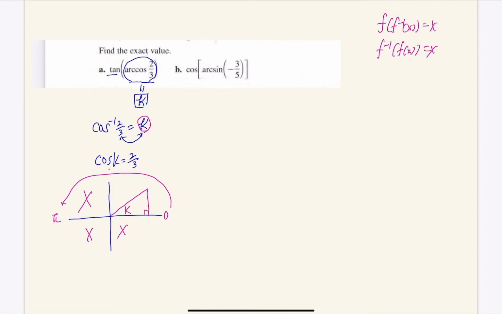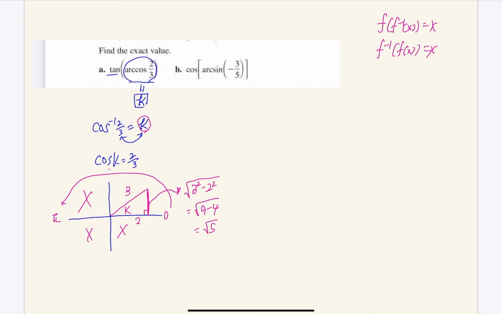Cosine is 2/3, adjacent over hypotenuse. So by using the Pythagorean theorem, we can find the other leg, right? Square root of 3 squared minus 2 squared, which is 9 minus 4, square root of 5.